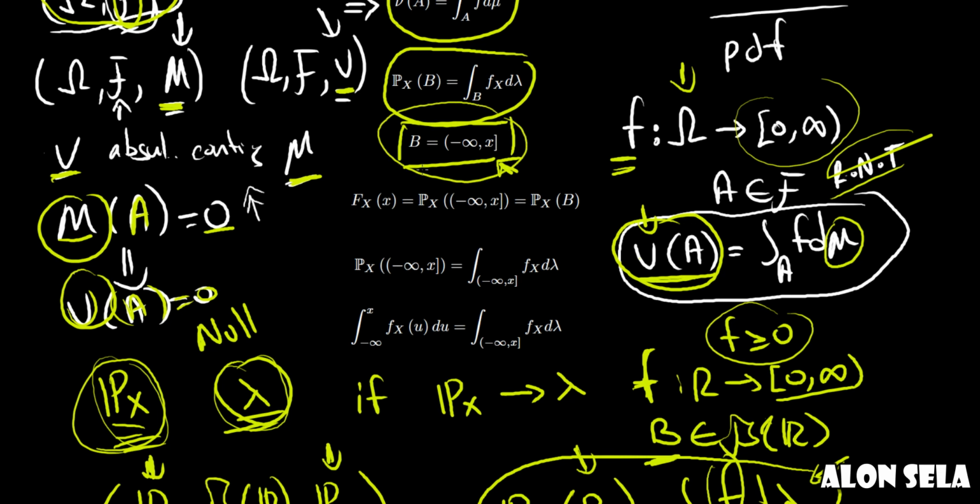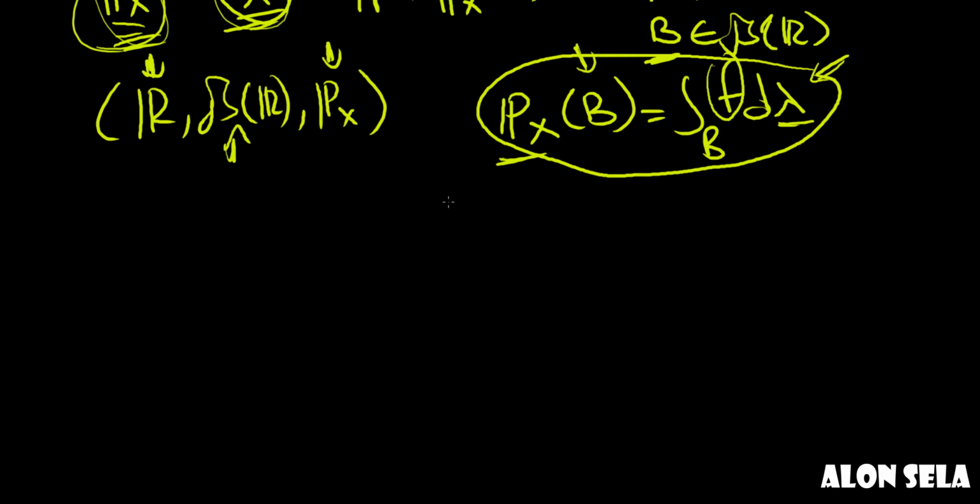when we are taking a set like this and asking what the probability of this semi-open, semi-closed set is, this is the definition of the CDF, cumulative distribution function, F_X of x. So let's write it down.